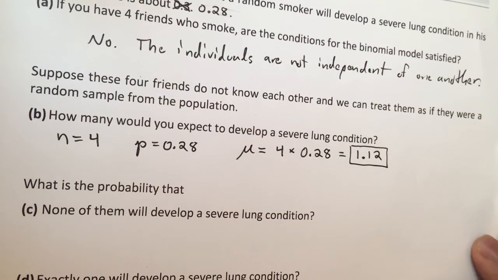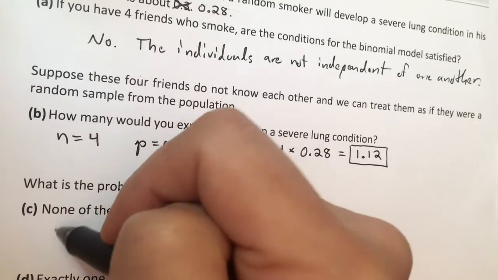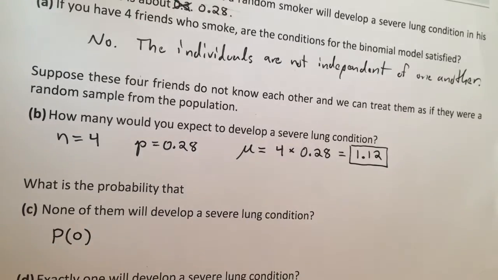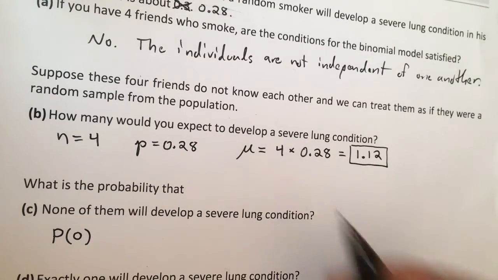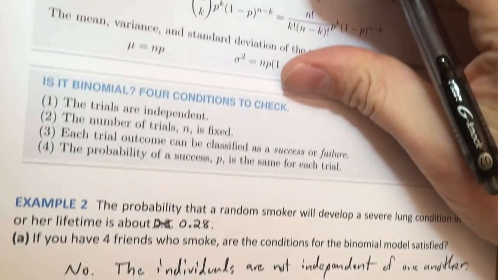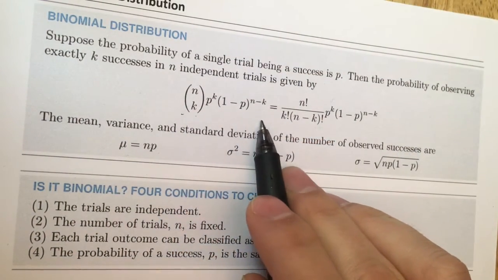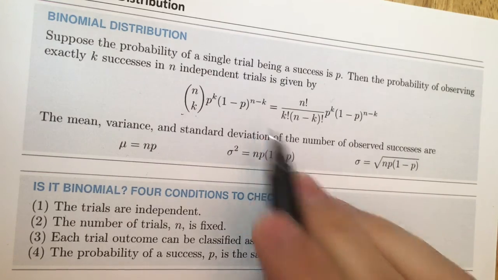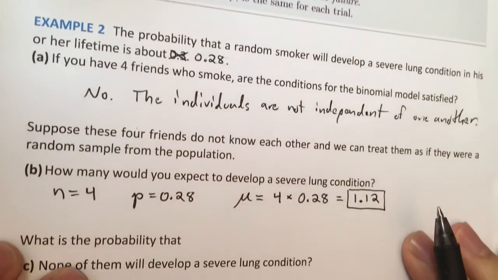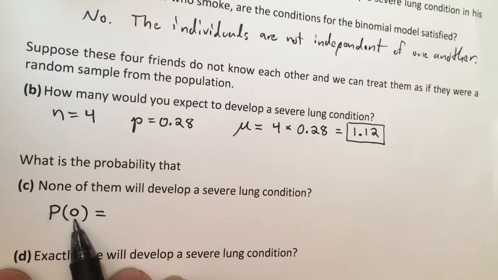What is the probability that none of them will develop a severe lung condition? Well, here we're looking for the probability of 0 successes. The probability of a given number of successes is given by this formula right here. So what we're going to do is just plug in these numbers. The number of successes here is 0.